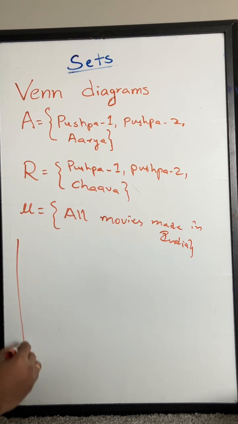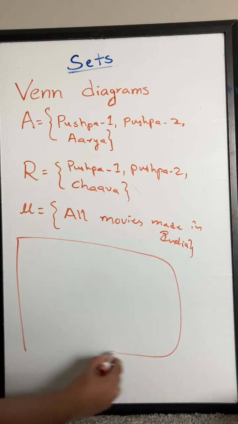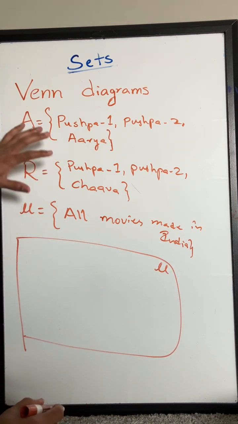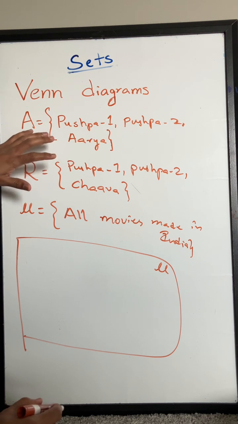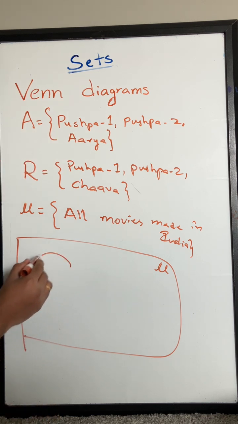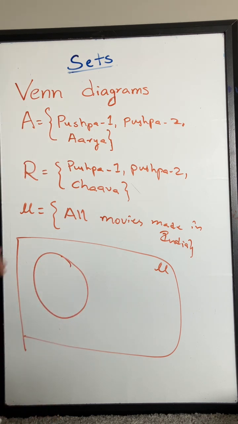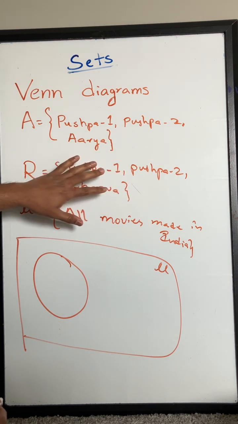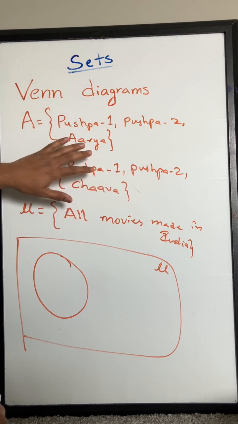So mu is a big box, that is all movies. Inside that, Allu Arjun movies are a set, so we draw one circle. And Rashmika also acted in a few movies. This is another set. But they have common movies.